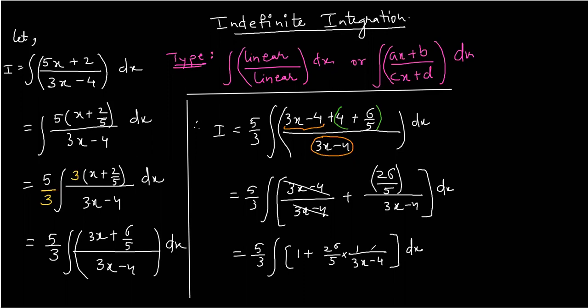Or this I can simply write as 26 upon 5 times (3x - 4). The next step is this 5 will go down. Now the next step, I write separate integrations.